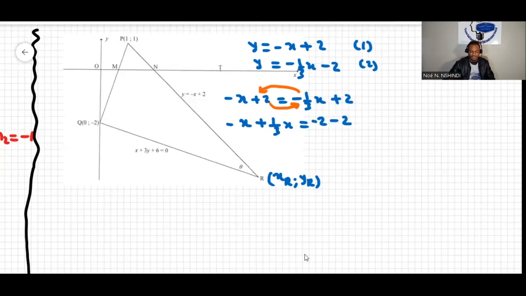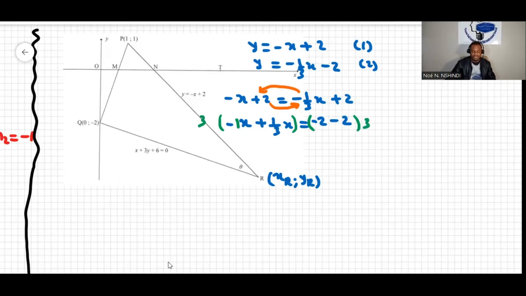Then if you work this out, negative x plus 1/3x, you can combine these, because they're all expressed in terms of x. The like terms: you have a negative 1 in front of x. I can see that the answer will be negative 2/3x, but let's work out the fraction. I'm going to multiply the whole equation by 3, everything here by 3, and there also by 3, just to cancel the fraction.